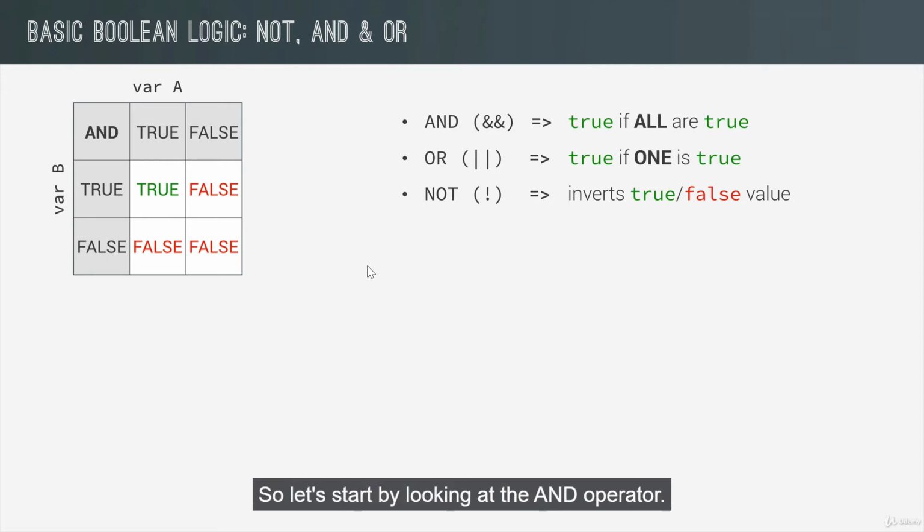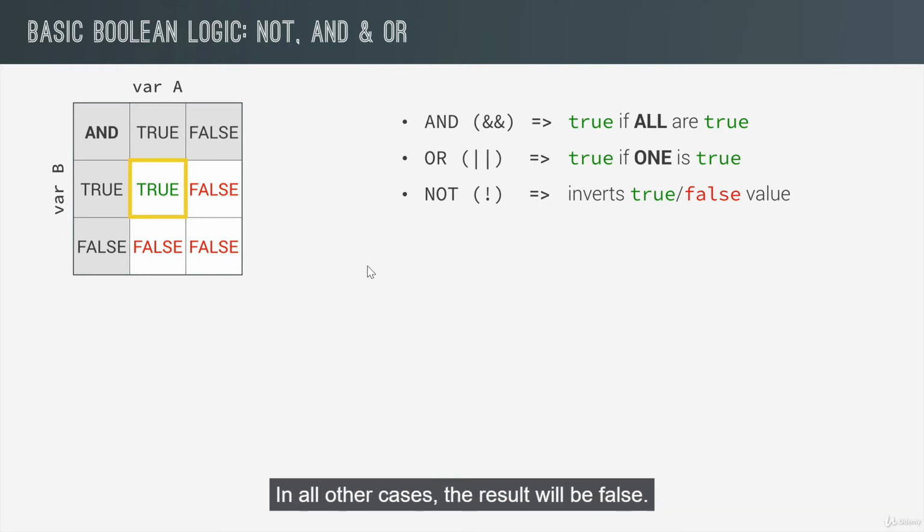Let's start by looking at the AND operator. Here we have a table called a truth table, which allows us to see the outcome of the operator. The AND operator works like this. Suppose that we have two variables a and b. Only if variable a and variable b are both true, the expression a and b will become true.